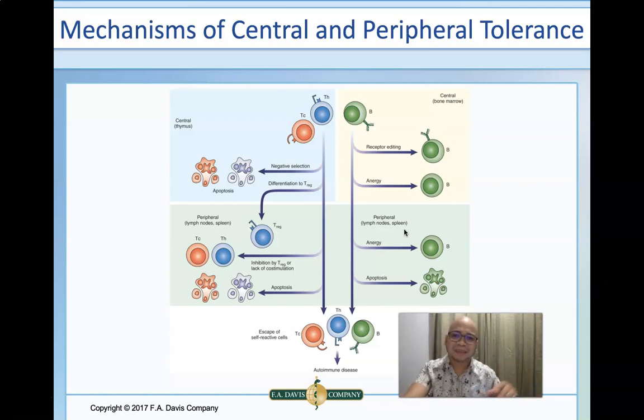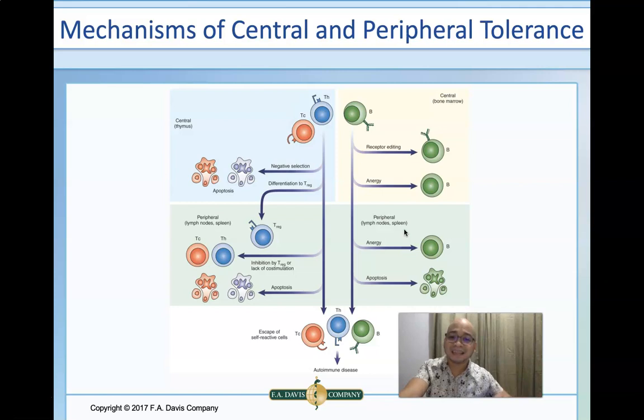But when we say central tolerance, the mechanism involves negative selection in the thymus, so that there would be apoptosis. And in the bone marrow, B cells are supposed to be rendered anergic, which means they are no longer capable of eliciting an immune response.